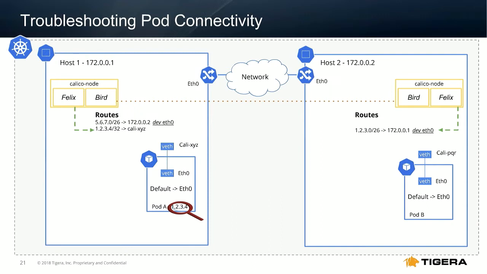Second, is the pod sending traffic to the right IP address? If you're trying to reach another pod's IP over the network, is the pod sending traffic over the virtual Ethernet, and is it getting to the host? If it's getting to the host, does the host have the right routes to be able to route traffic to the remote host to get to the other pod? In other words, is the routing table correct?